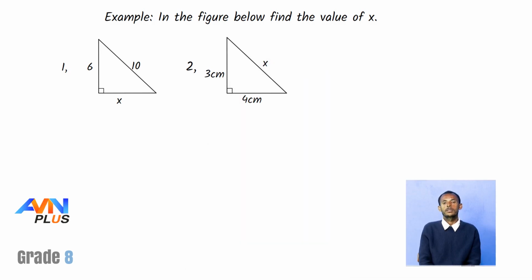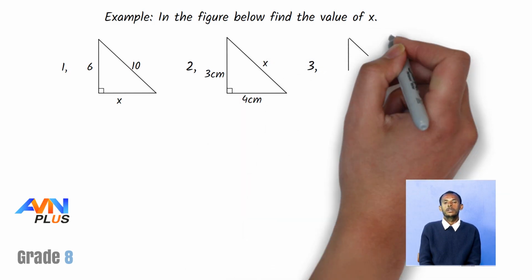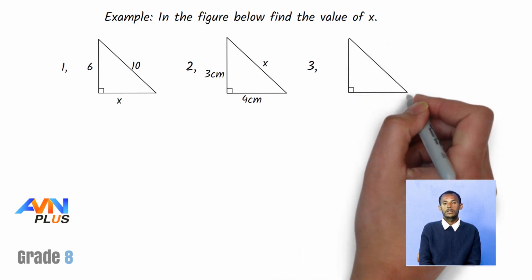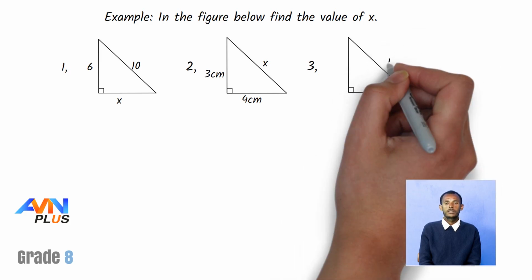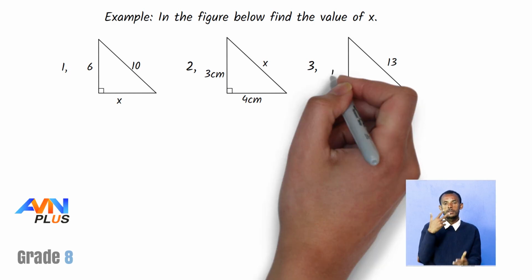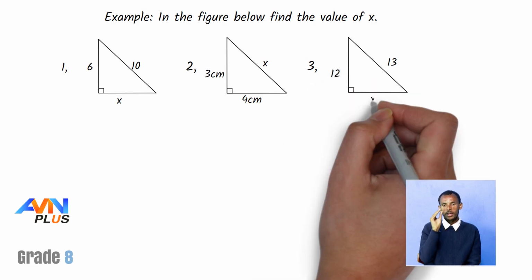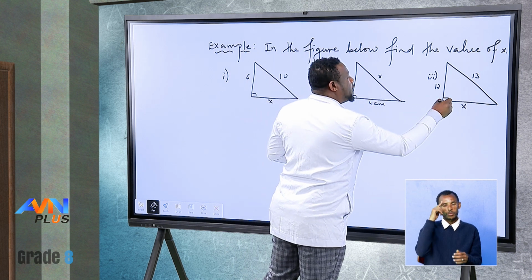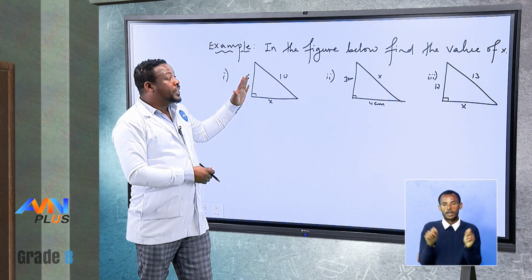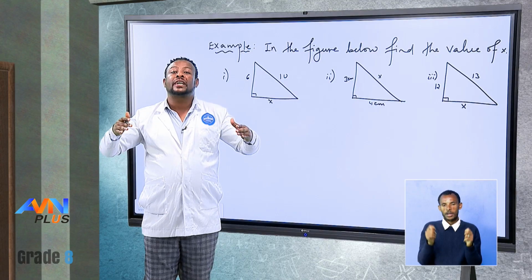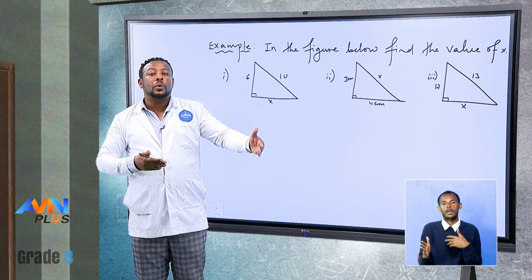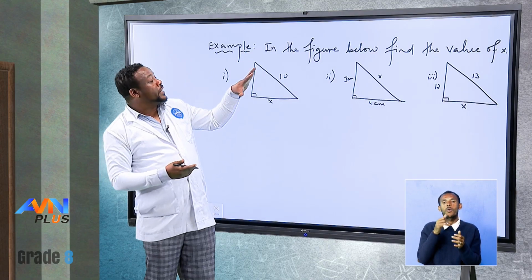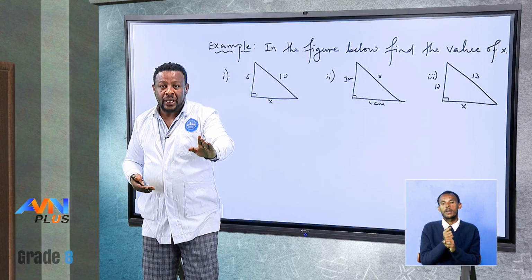And the third one: say this is 13, this is 12, and this is x. So suppose we have these three triangles. In each of these three triangles, we have a certain unknown side. So we will see how we can find these unknown sides.